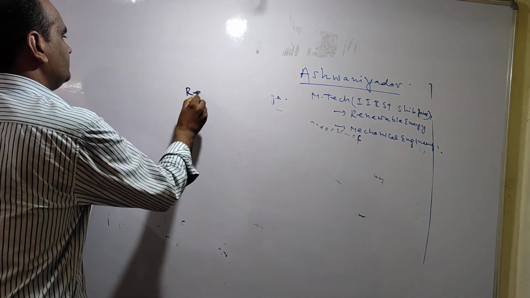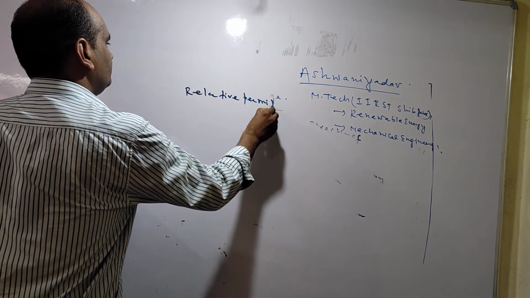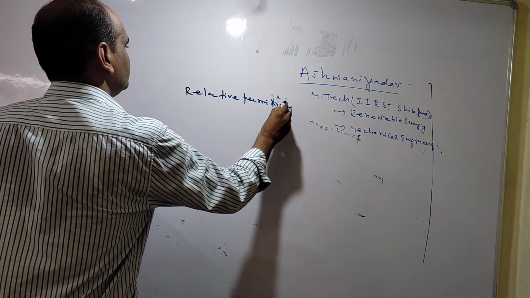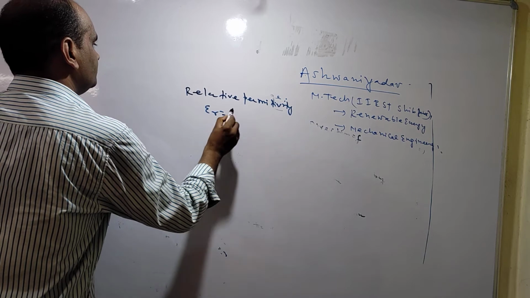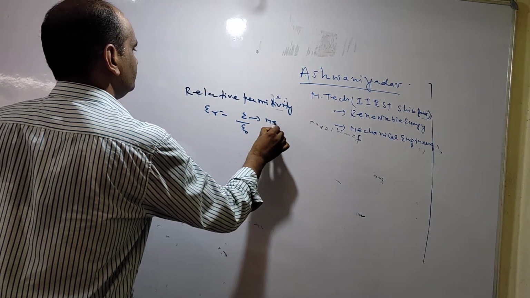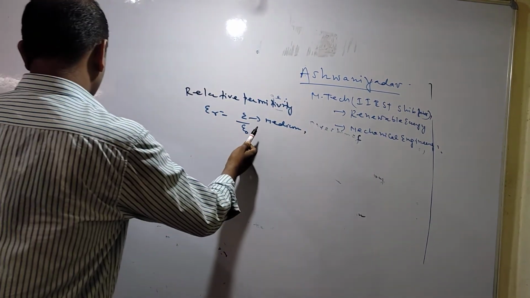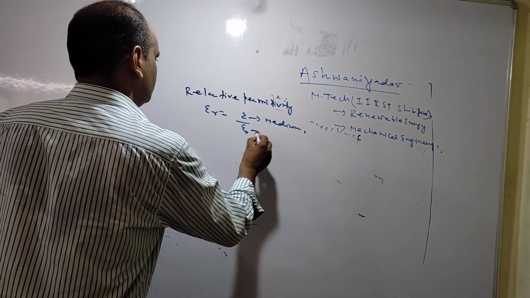We have one term, that is relative permittivity. ER is nothing but E by epsilon naught. This is for the given medium, and this is for vacuum.